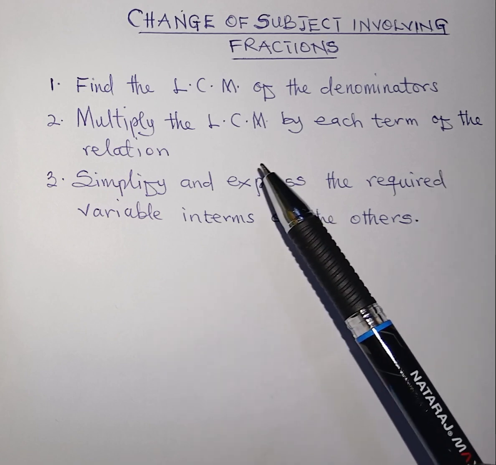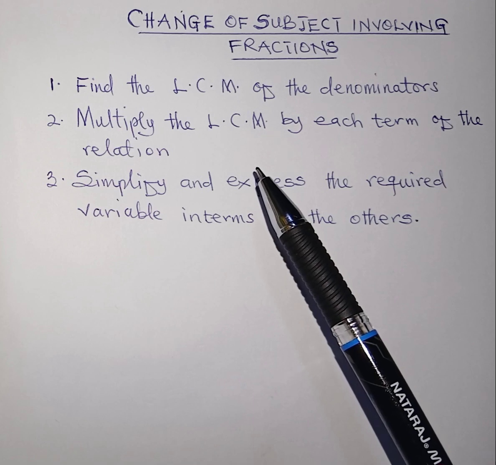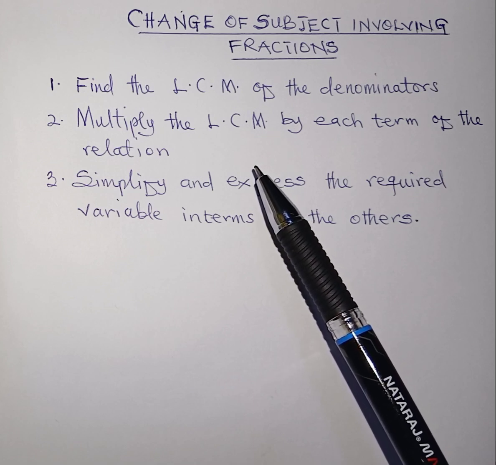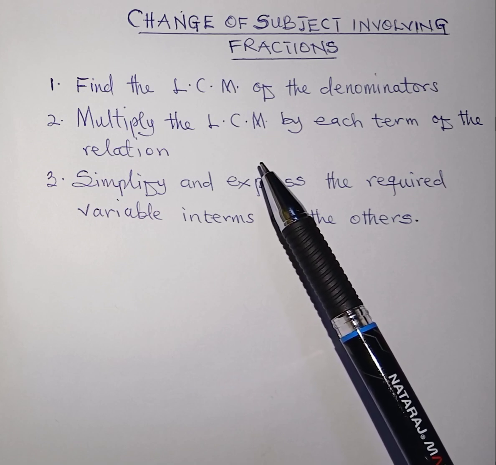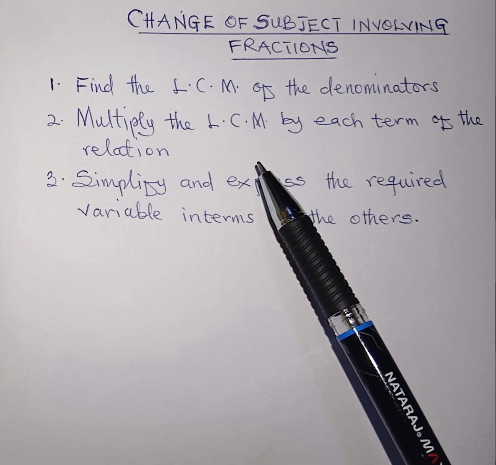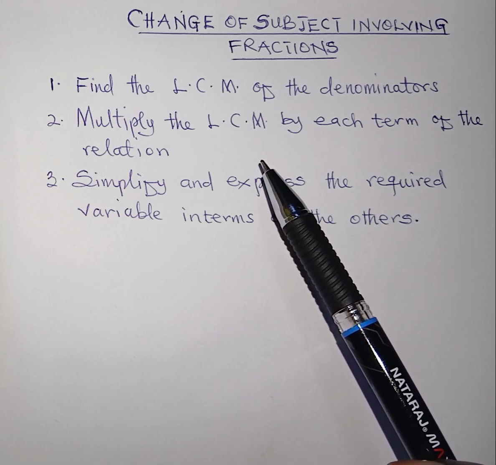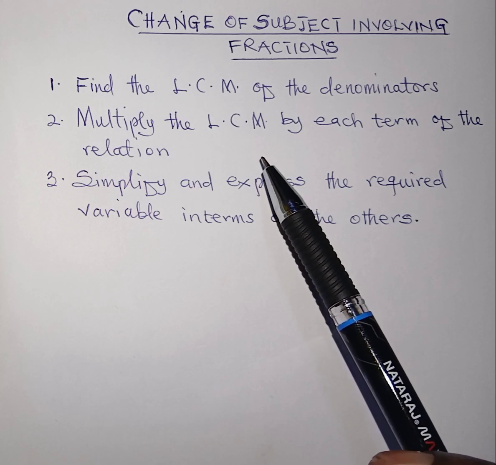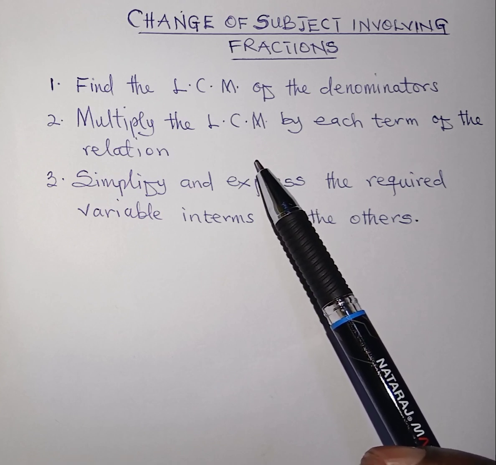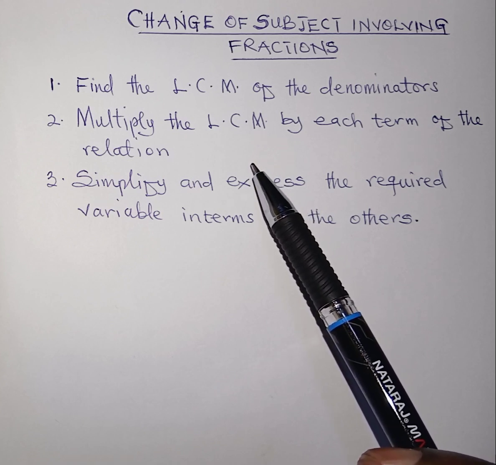Then after that, whatever you get for your LCM, you are going to multiply through by the equation given to you. In the equation, you'll be given term by term, so you need to multiply the LCM by each term of the relation.